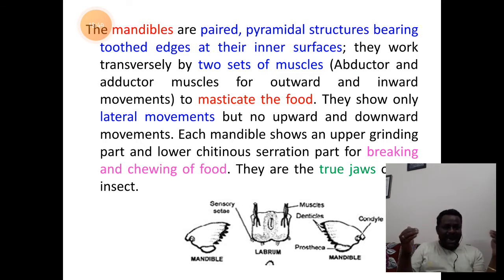Adductor muscles will add these two together. Okay, inward or collision movement of the mandibles is brought in. Whereas abductor muscles will bring about outward movement, or separation, of these mandibles. So movement of mandibles, that is inward and outward, is brought about by these two sets of muscles called abductor and adductor.